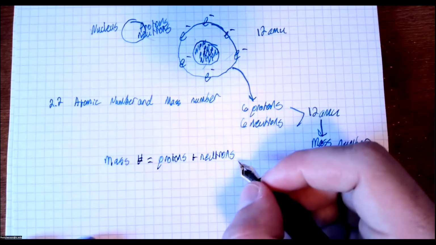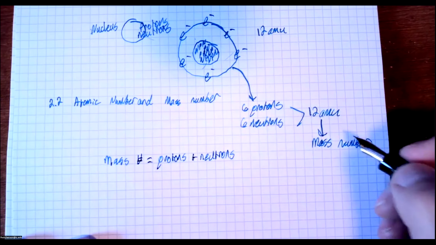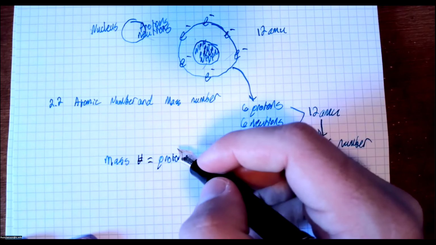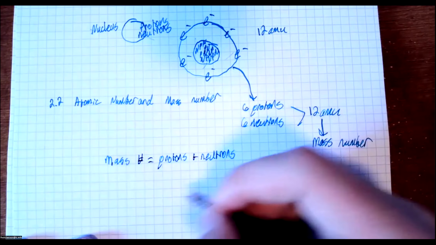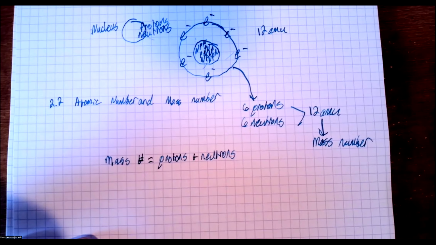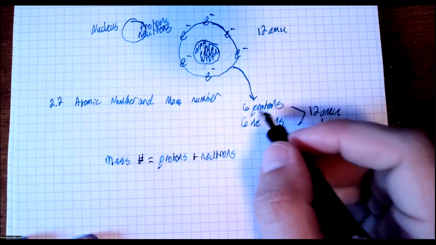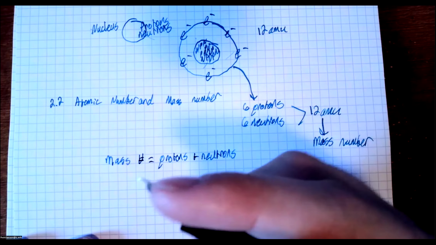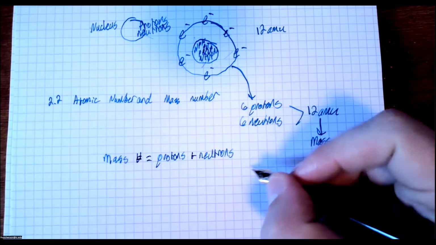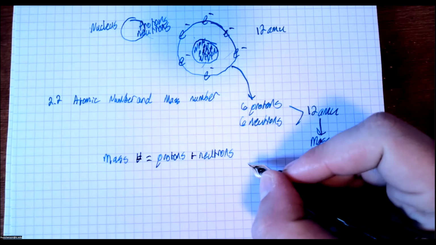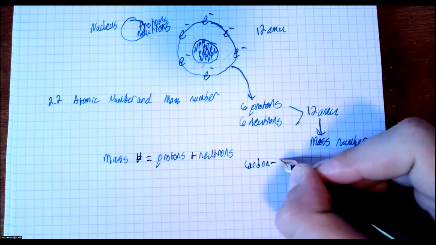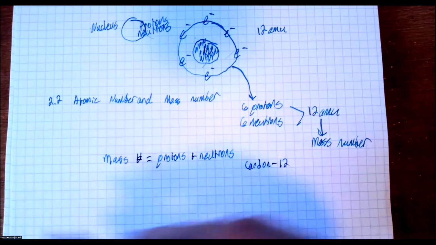Okay. Now, the number of protons, of course, we can find on the periodic table. We always know that carbon has 6 protons. Right? But the number of neutrons is a little bit less obvious. By the way, though, this particular atom I can write as carbon-12. That means it's carbon with a mass number of 12.